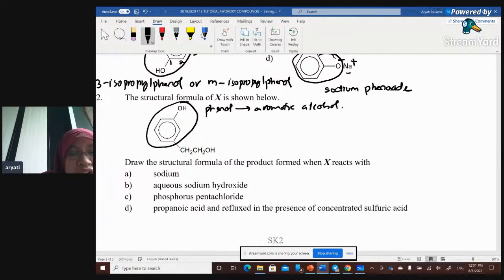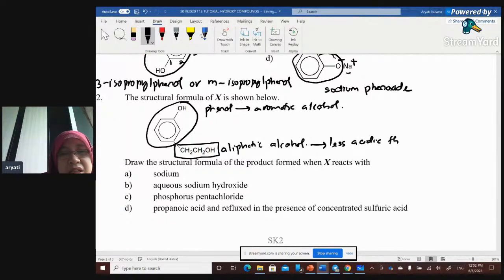So sini OH attached to C. Walaupun C ini terikat dengan benzene, dia kita classify sebagai aromatic alcohol kalau OH attached directly to the benzene. So ini OH terikat dengan C, C yang terikat dengan benzene. So this side is aliphatic alcohol. So kita mesti tahu sifat aliphatic alcohol, dia less acidic than phenol.